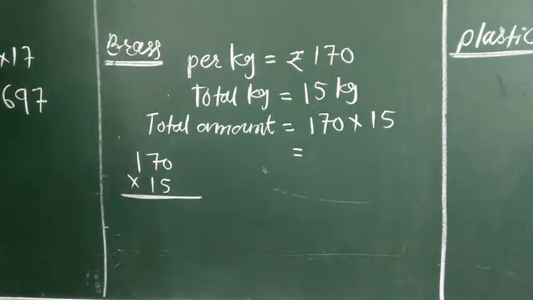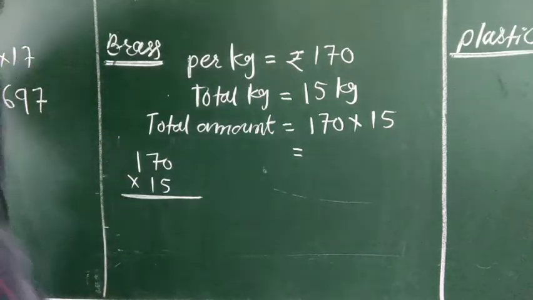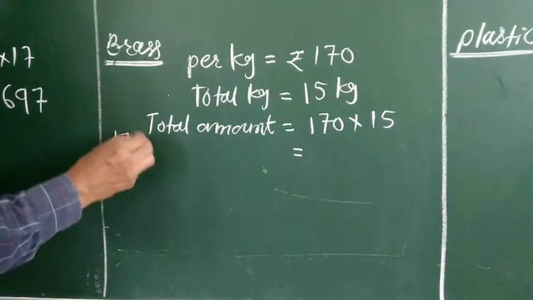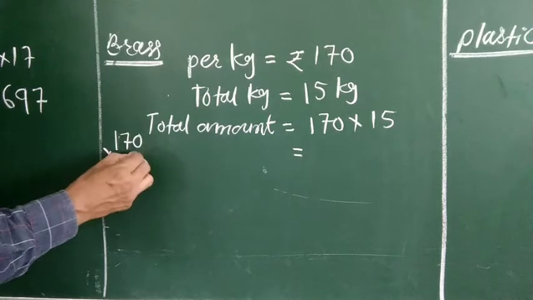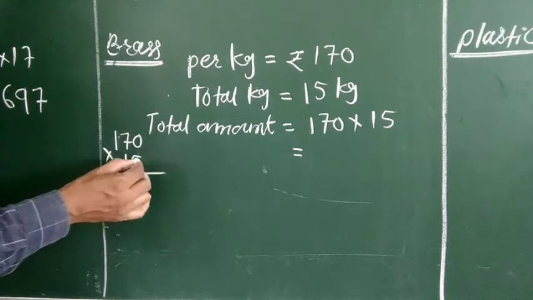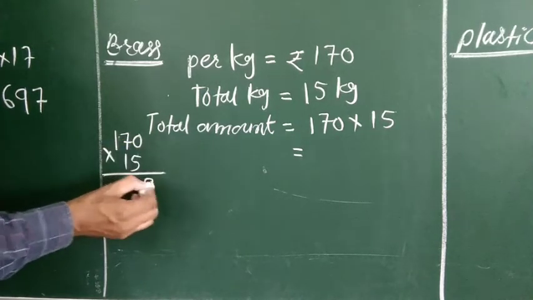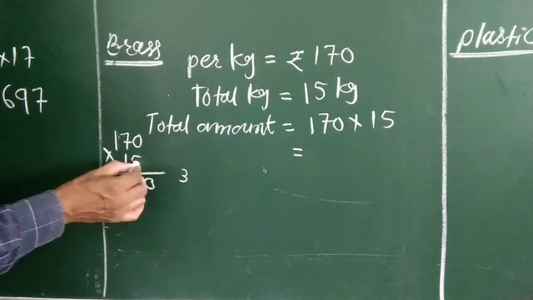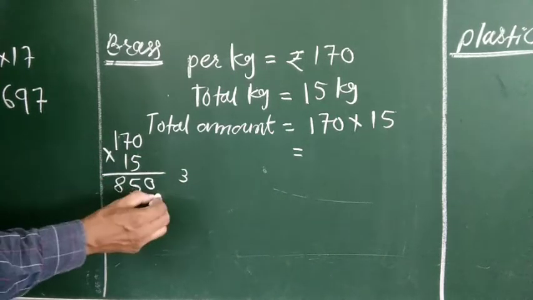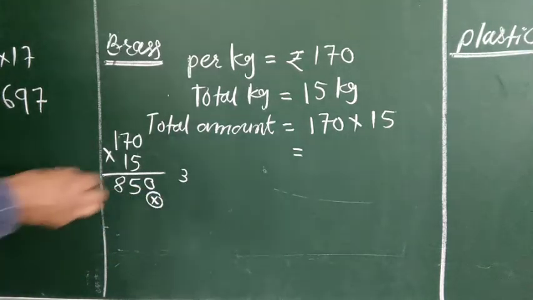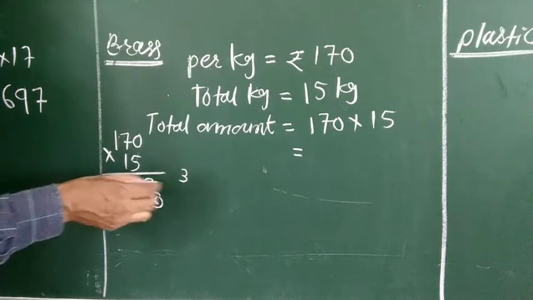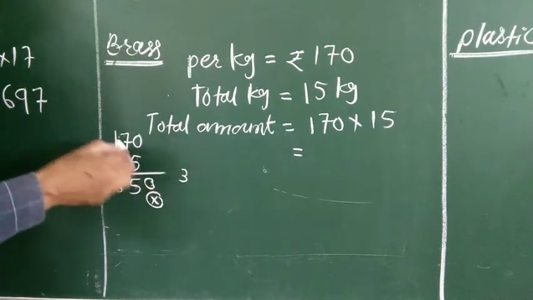Now multiply this. 170 into 15. Now see, 5 7s are 35, carry 3, 5 1s are 5 plus 3, 8.